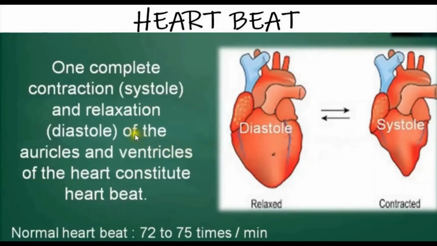So the definition is one complete contraction and relaxation of the auricles and ventricles. Now the normal heartbeat is 72 to 75 times per minute. This one you have to learn because this is an important one word question. So normal heartbeat is 72 to 75 times per minute.